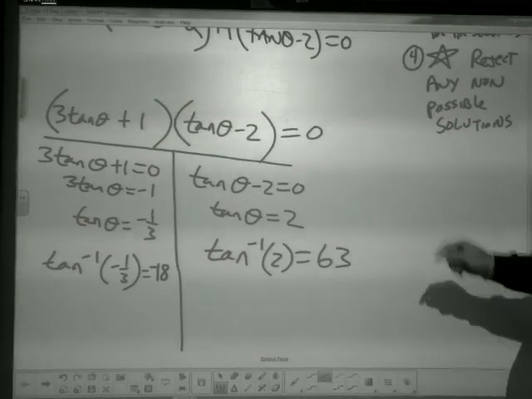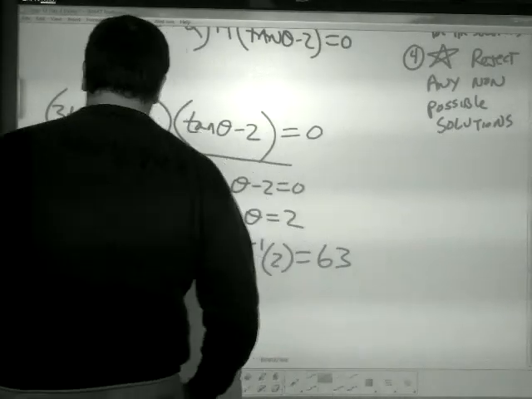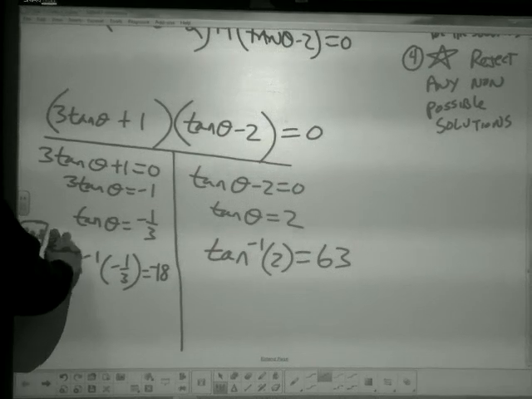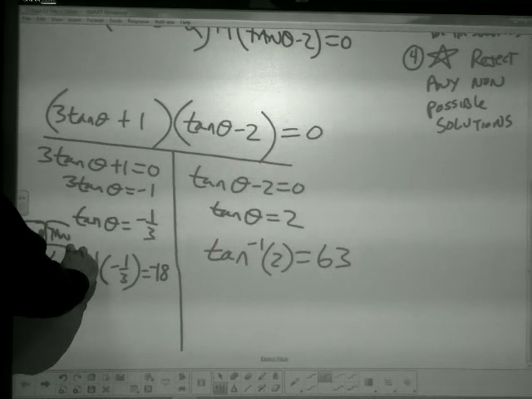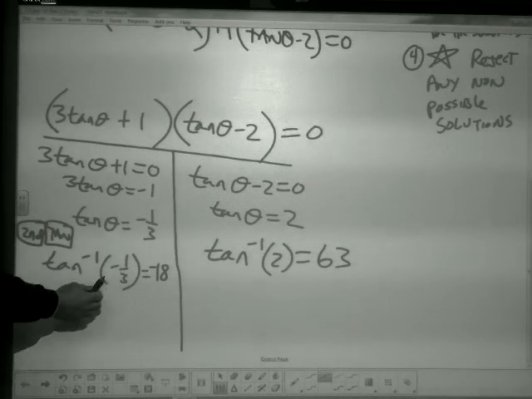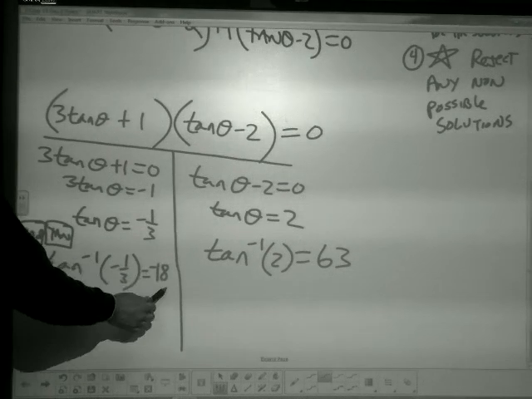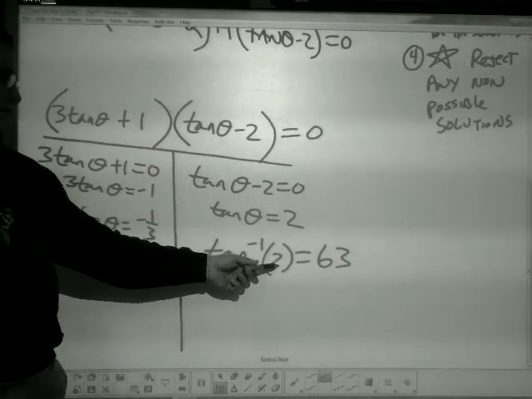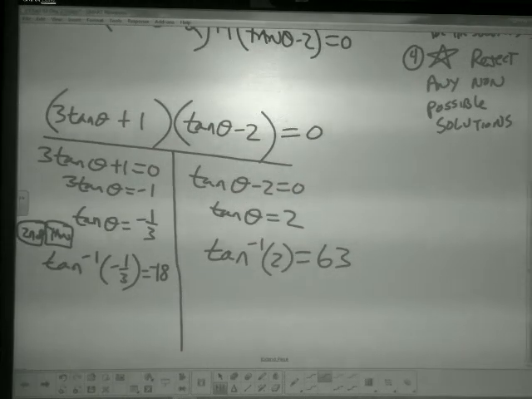Then I use second tan on the calculator. Second tan of a negative 1/3, I got negative 18 here. Second tan of 2 gives me a positive 63.